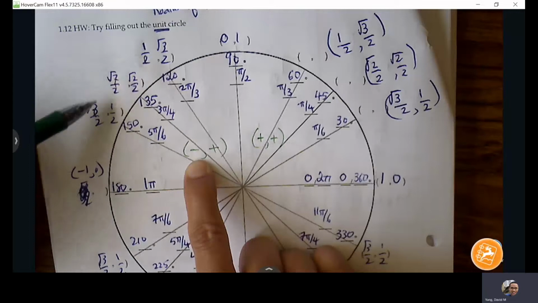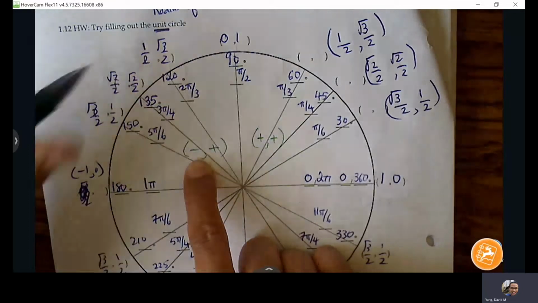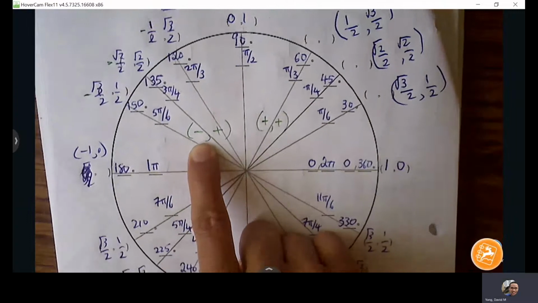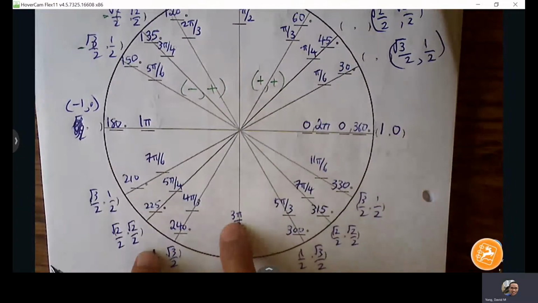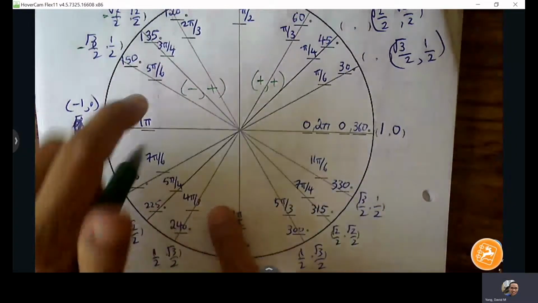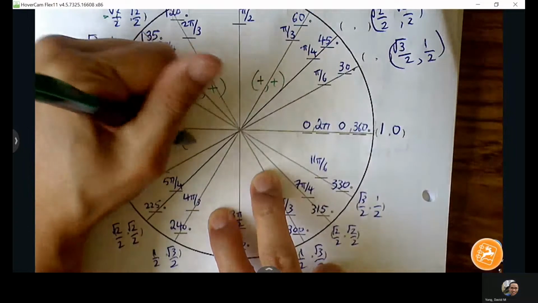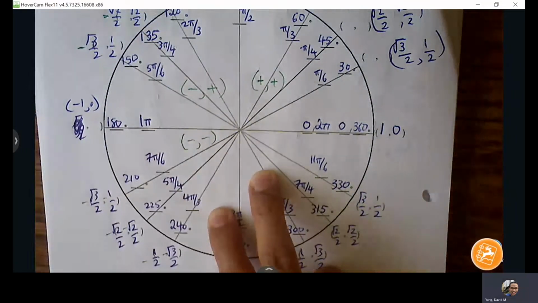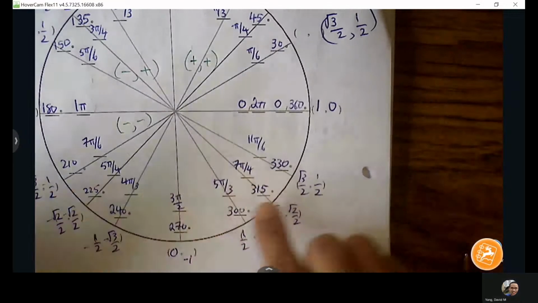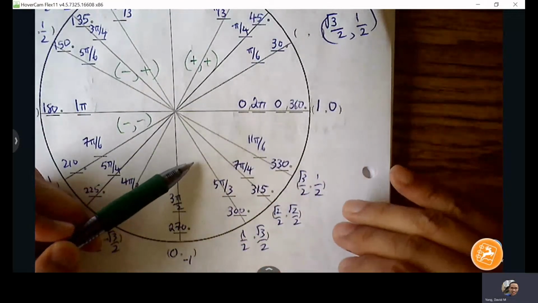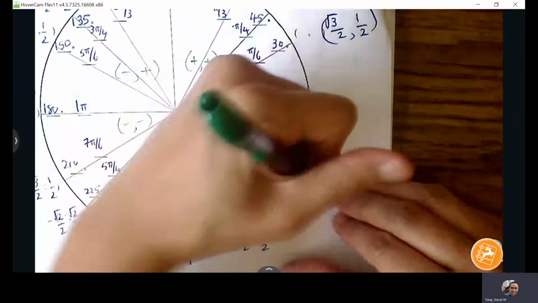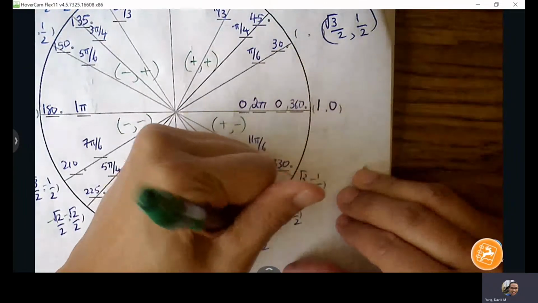All the x values you wrote down in the second quadrant, put a negative in front. Third quadrant, all the ordered pairs are what? Negative, negative. So force all the ordered pairs to be negative, negative. What's the ordered pair for the fourth quadrant? Positive, negative. Okay, so just change the sign of the y value.